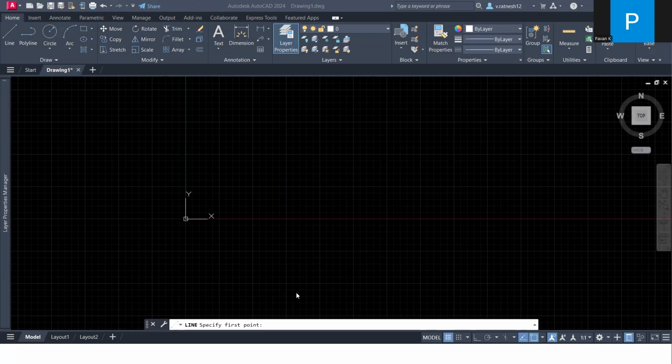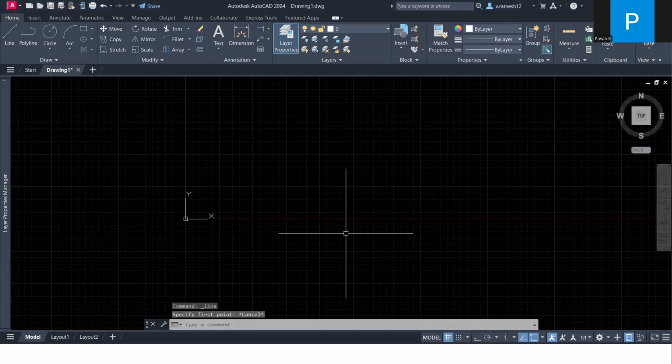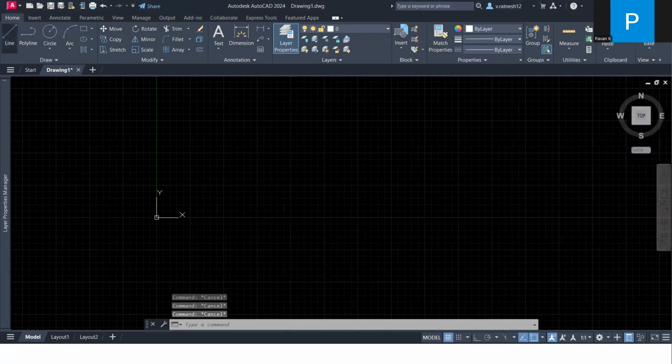Okay. So you can see in the command bar that the line command is activated, because it is saying line, specify first point. I'm skipping it. Again, I'm starting line. So the command is activated.